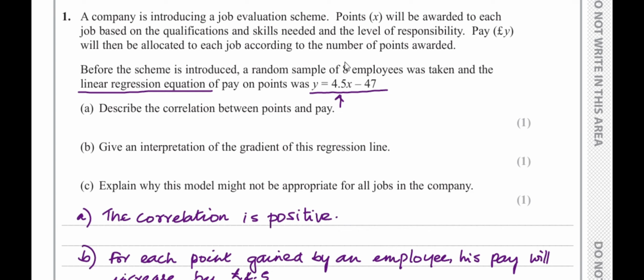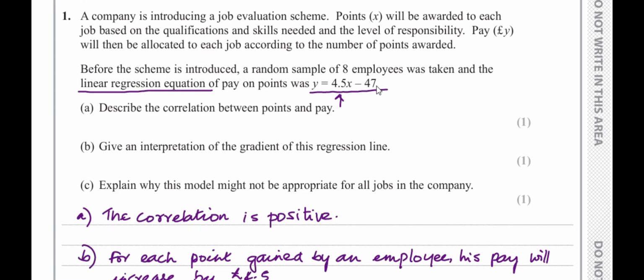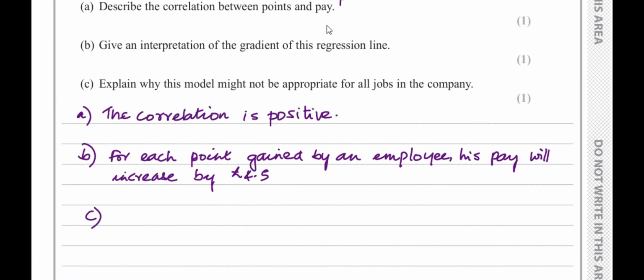So imagine this particular job role gets a points number of 10 based on its responsibility, qualifications needed, etc. In that case, this will result in 4.5 times 10, which is 45, minus 47, which will be minus 2. That means an employee will be getting a salary of negative 2 pounds, which is not appropriate.